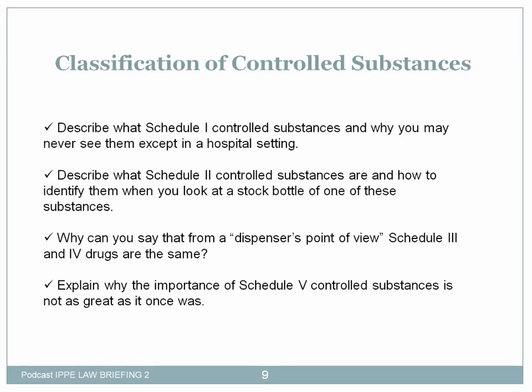Schedule 3 and 4 are treated the same way from a dispenser's point of view. And again, you don't have to remember what drugs are in Schedule 3 and 4, but make sure to take a look at the label of the medication you dispense.